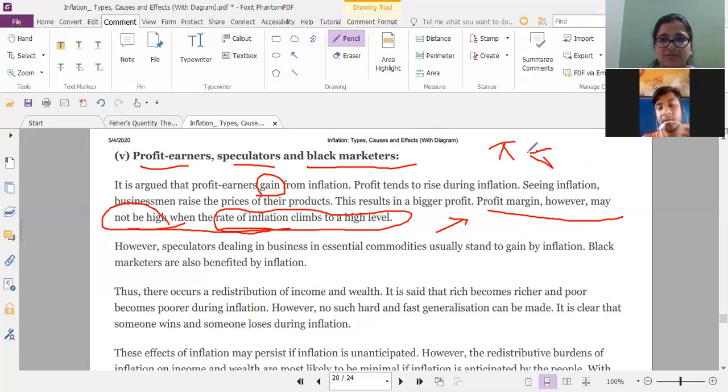Yeah, ma'am. So I asked, tell me if inflation is always good or always bad. Good, ma'am. It's good for the economy. No, no, ma'am, it's bad. First you tell me if it's good or bad.